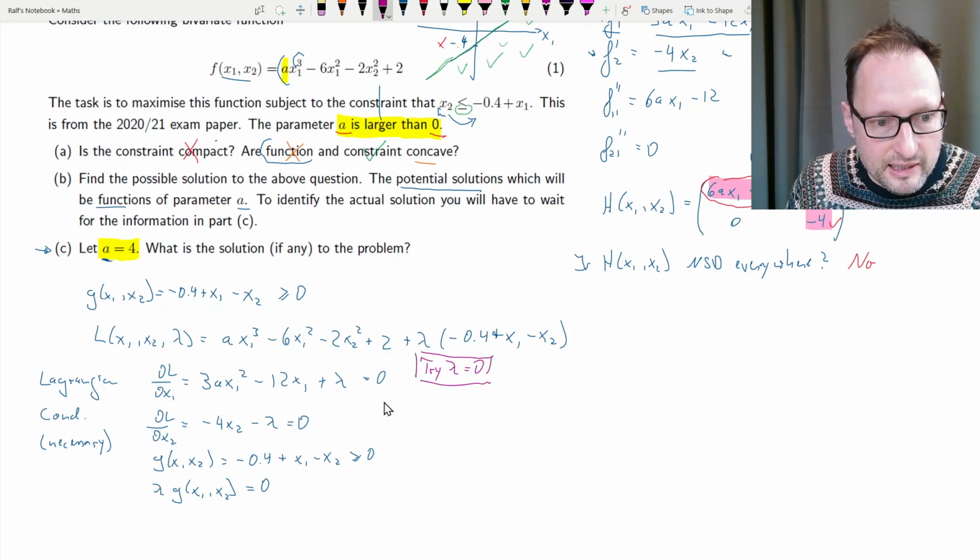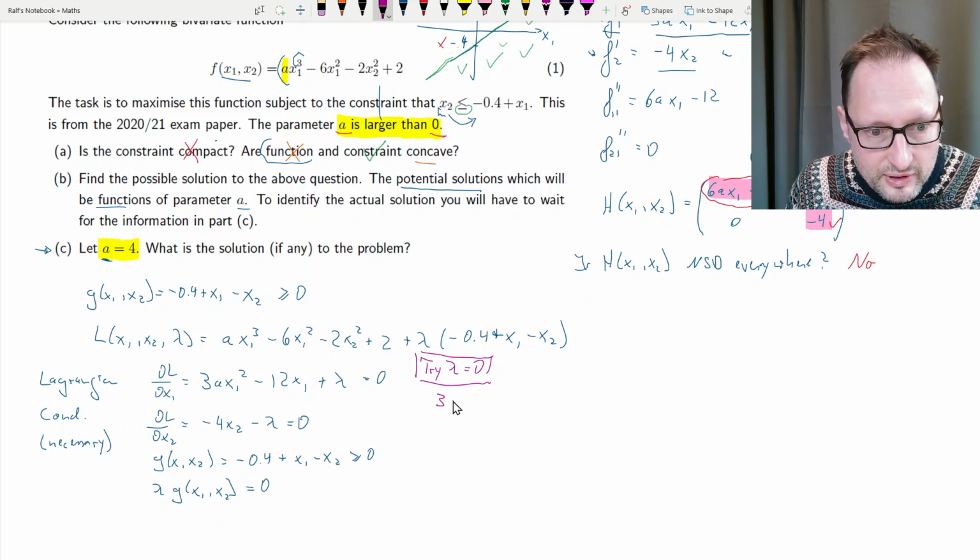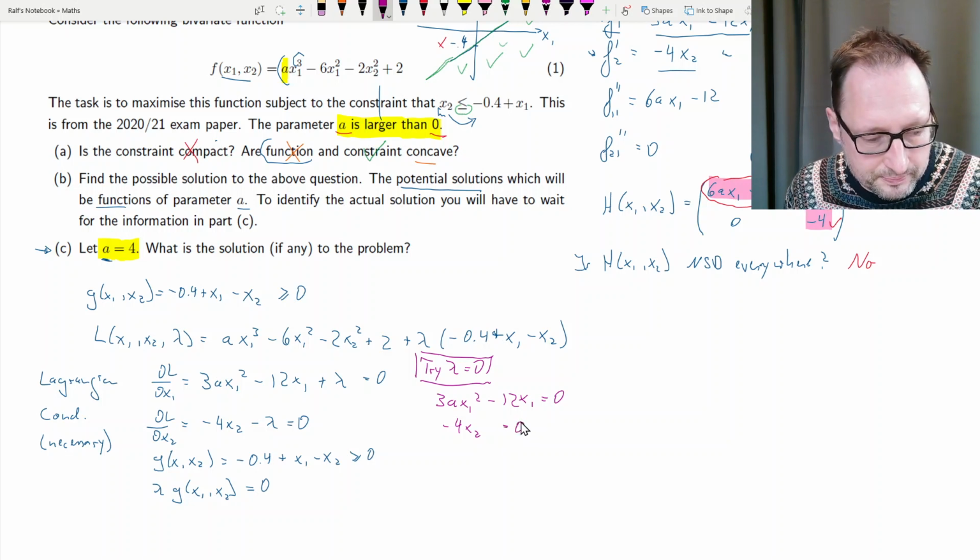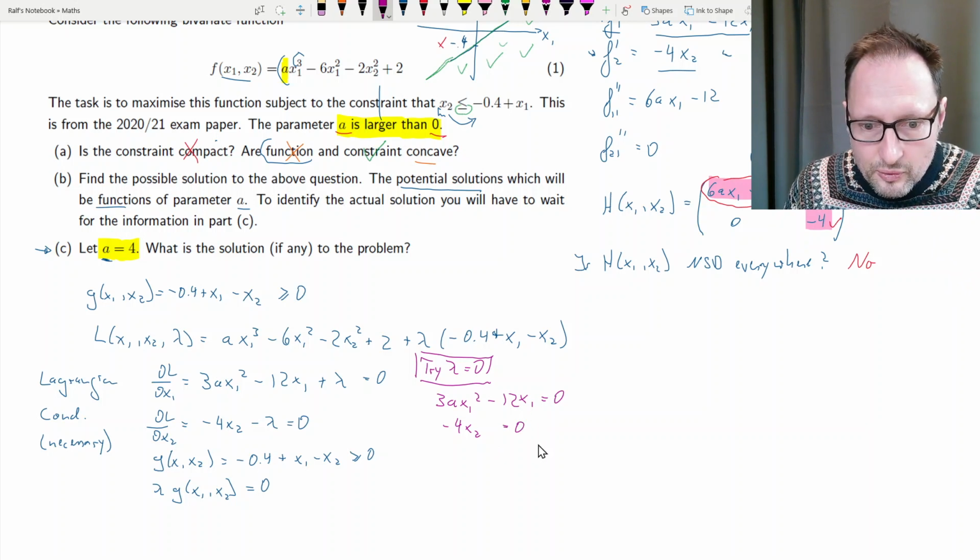Okay, in that case, our conditions simplify, because we can take that first one and we get 3a x1 squared minus 12x1 is equal to 0, and the second one will deliver minus 4x2 is equal to 0. Okay, so we can immediately see that from here x2 has to be equal to 0.